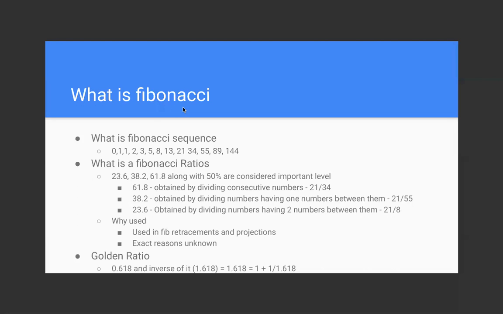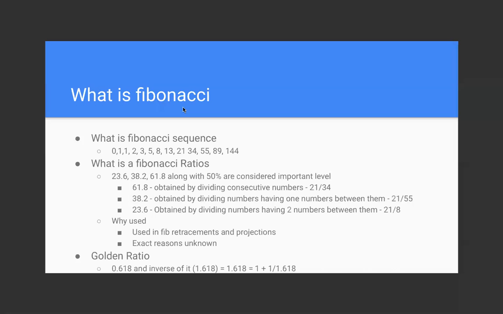Okay, so why use it? I said it is used in Fibonacci, but why do they use this? Exact reasons are unknown, but a lot of people who have been in math might have heard about something called the golden ratio. The golden ratio is the Greek letter phi, which is equivalent to 1.618 or 0.618, the reverse number.